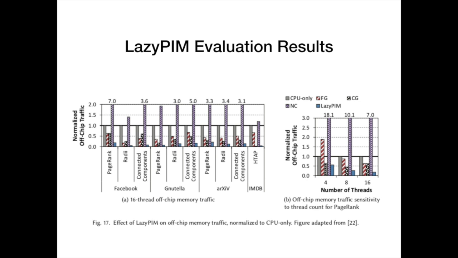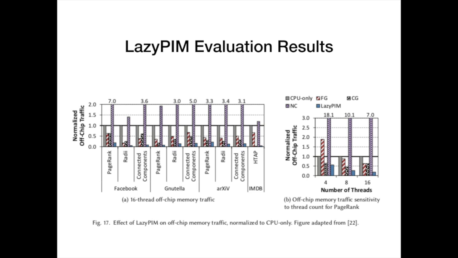The first measurement taken was the normalized off-chip traffic, both as a function of each of the workload types and also as a function of the number of threads, using each of the 5 cache coherence methods discussed earlier: CPU only, fine-grained, coarse-grained, no cache, and lazy PIM.